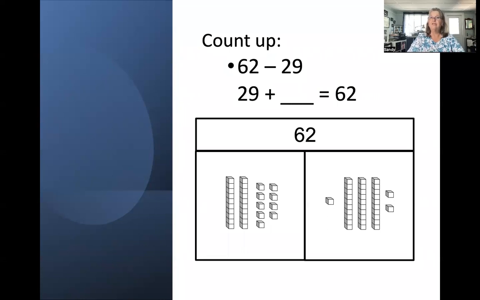Now, some children will start out by counting back ones, and they'll count back 33 ones, one at a time, to get to 62. But part of what we'll do is we'll work with them until they can count with the tens and count back those models that are much more efficient.